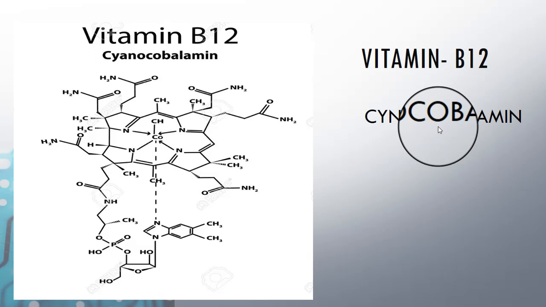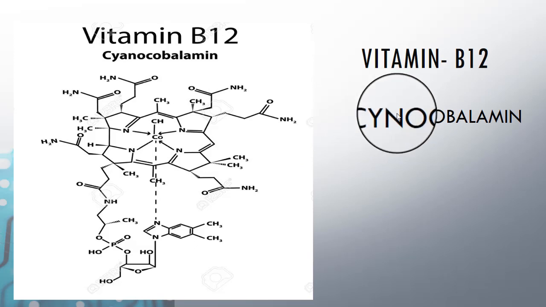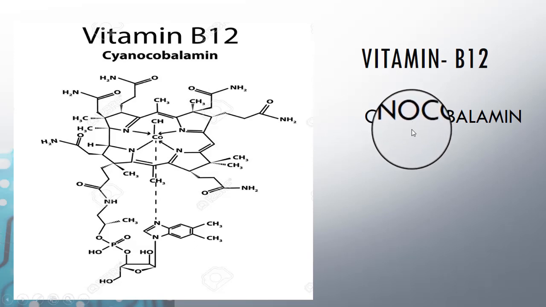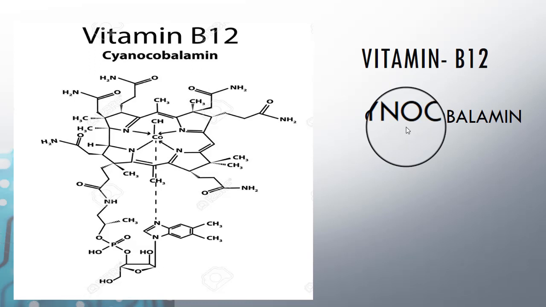So here vitamin B12 is a water-soluble vitamin with a key role in the normal functioning of the brain and nervous system, that is CNS and PNS, central nervous system and peripheral nervous system, and in the formation of blood, that is it takes part in circulation, and it is one of the 8 B vitamins.